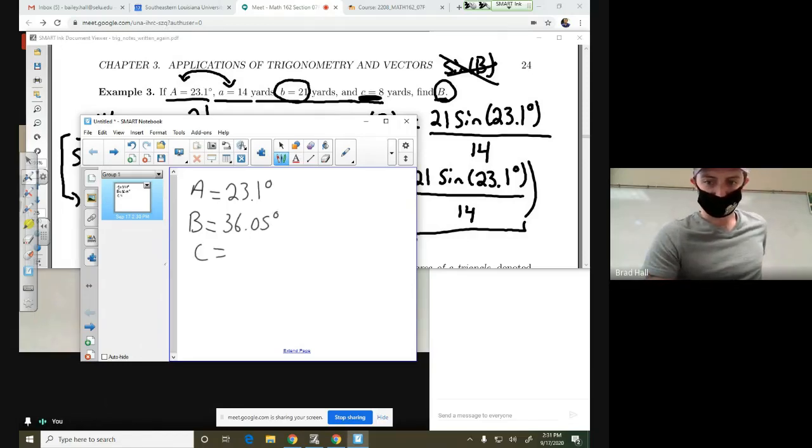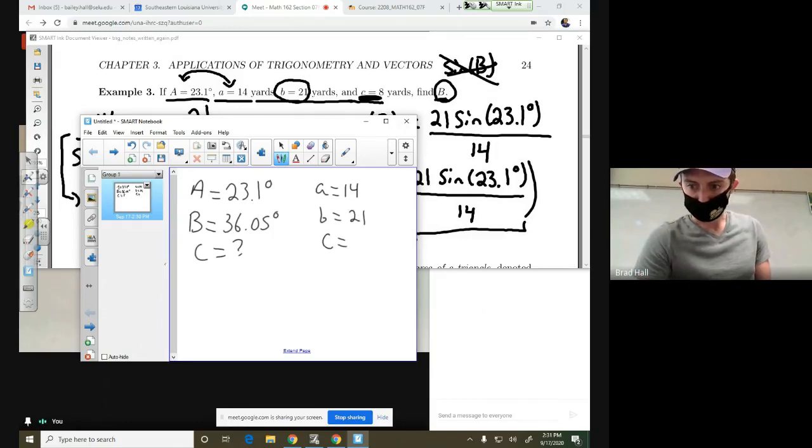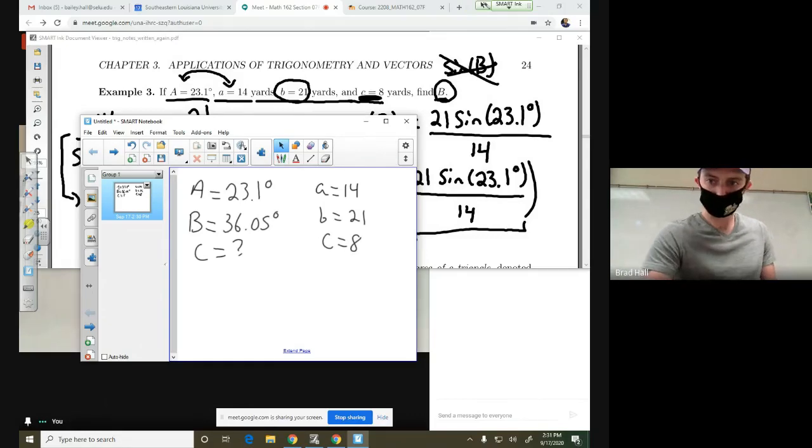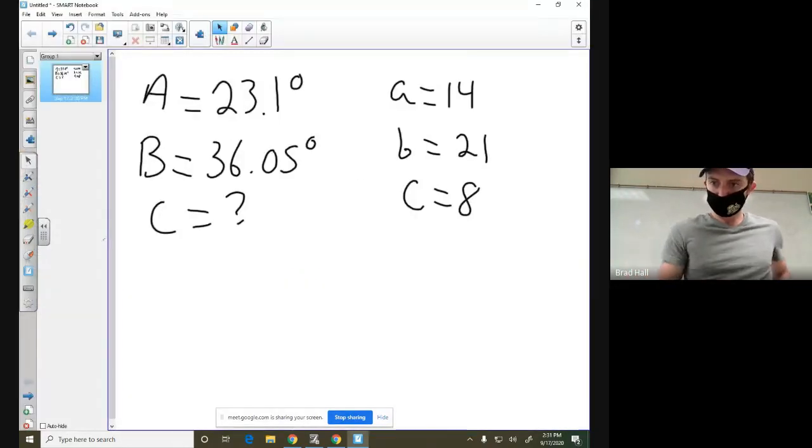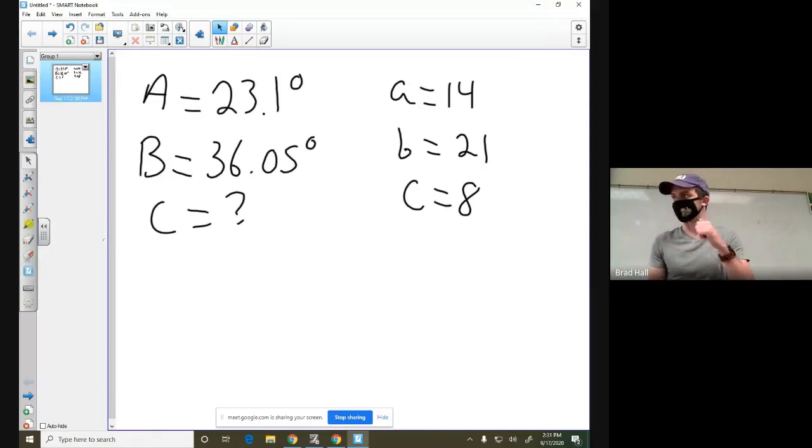C is still unknown, capital C. Little a is 14, little b is 21, little c is 8. So this is what we found in the problem. Naturally, there's only one thing we have to solve for. So you might think, all right, we solve for capital C. And how would you solve for C normally?